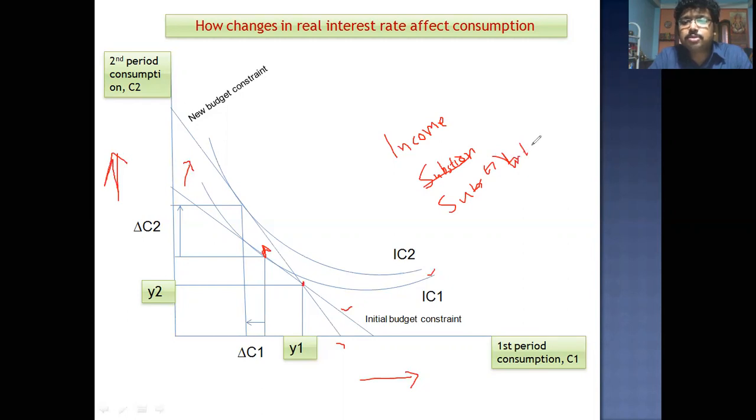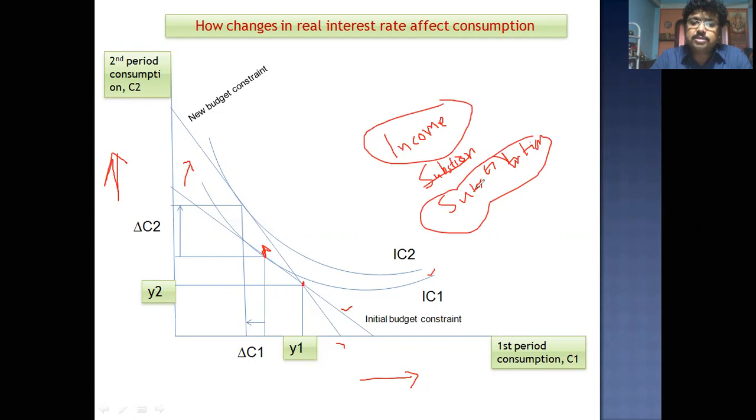This is the income effect. This is the substitution effect.